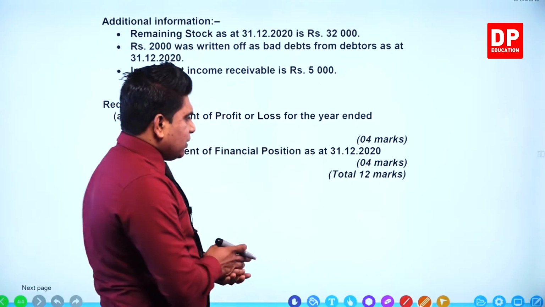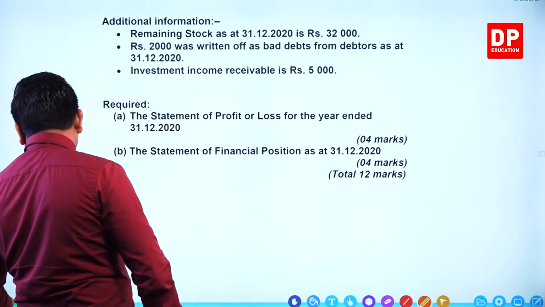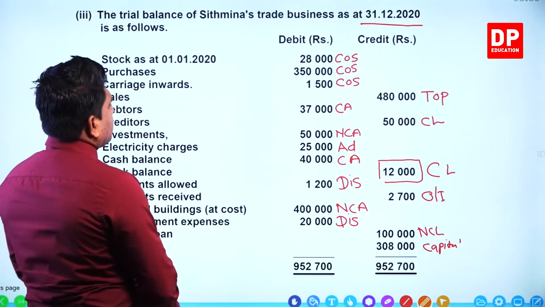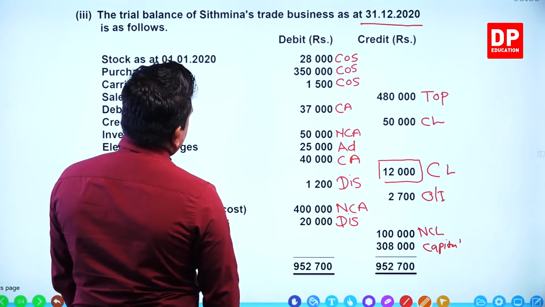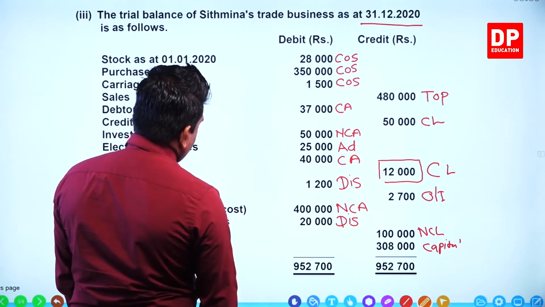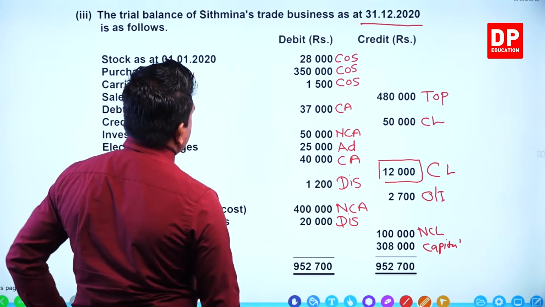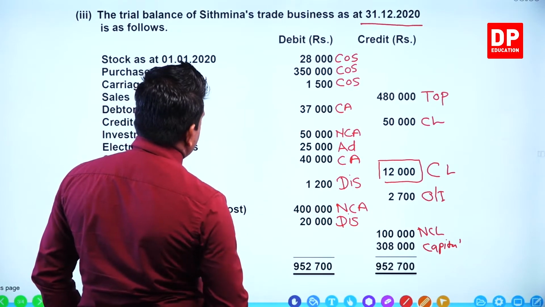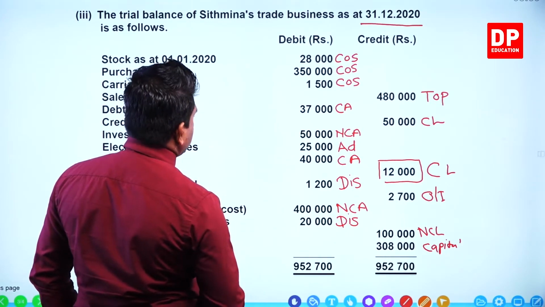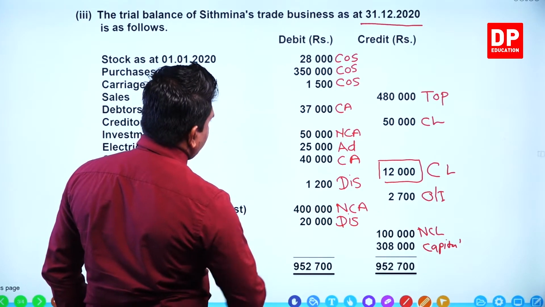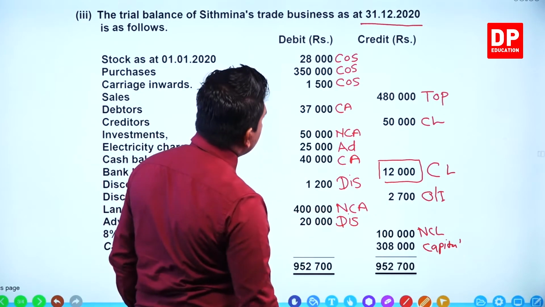It's better to calculate how many administration, how many distributing, how many financial expenses, and the number of expenses and number of non-current assets. Can you see non-current assets? 1, 2, only 2, no?